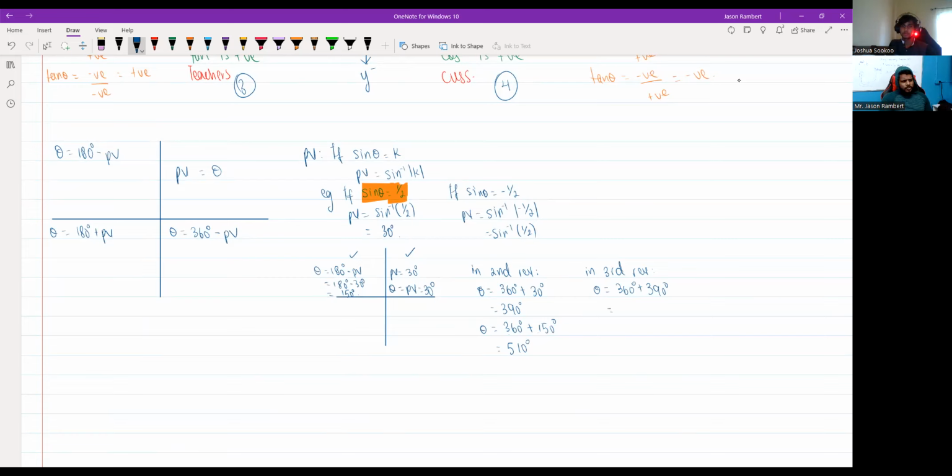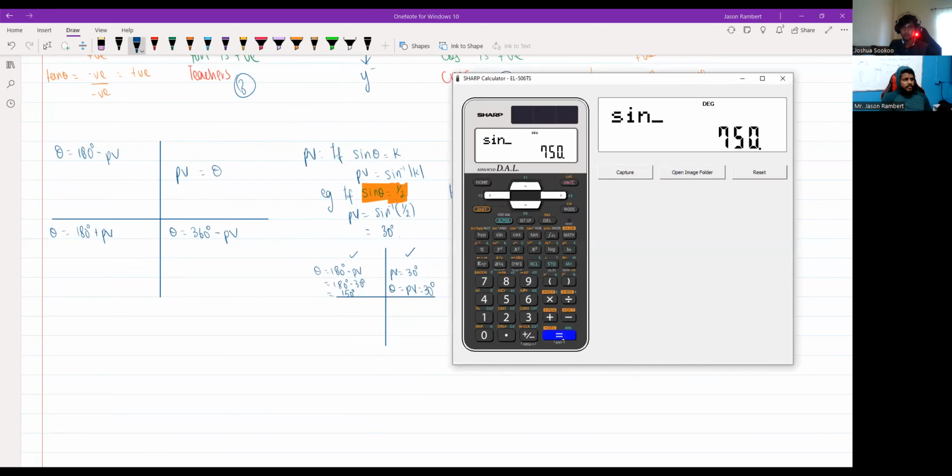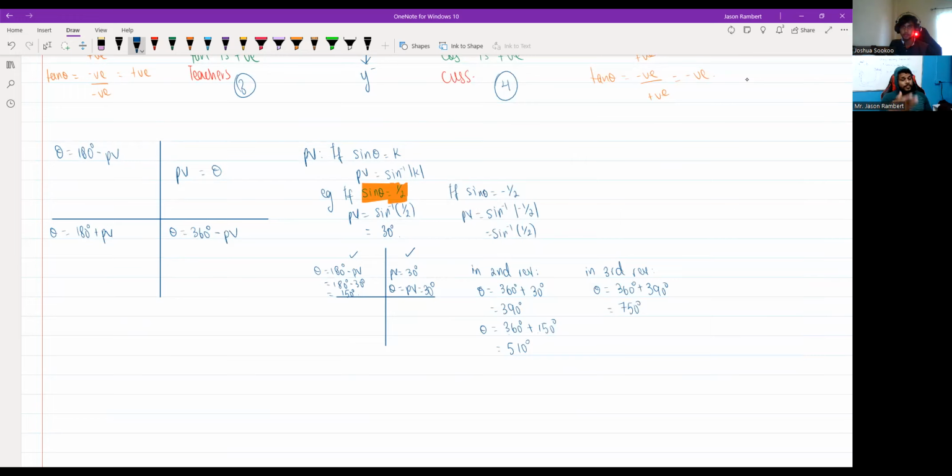This will be equal to 750 degrees, and sine of 750 is indeed a half. I could go into the fourth, fifth, sixth, seventh, eighth, ninth revolution, and keep getting answers. Where do I stop? That's the question, and we figure out where we stop when we do a few more examples.